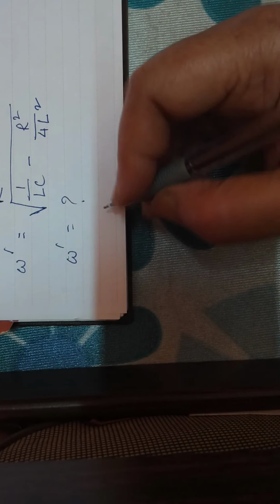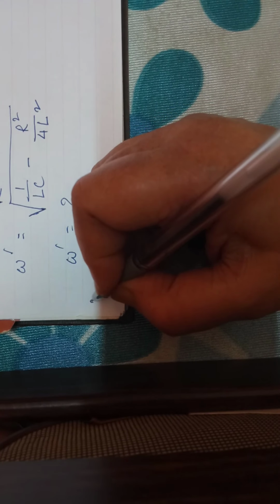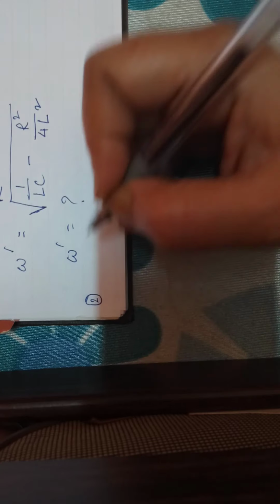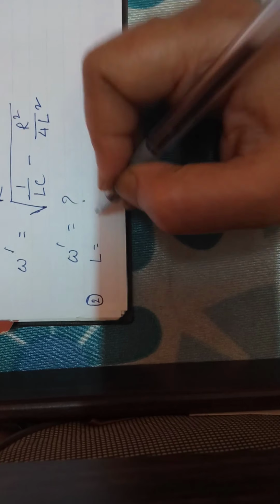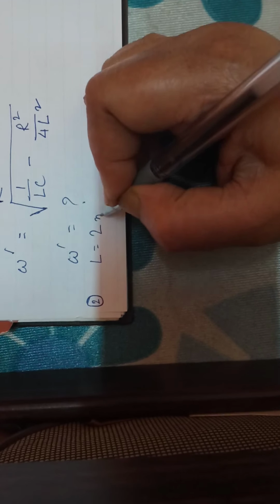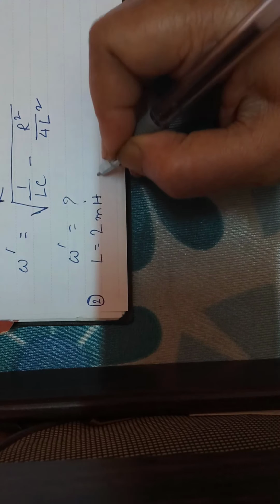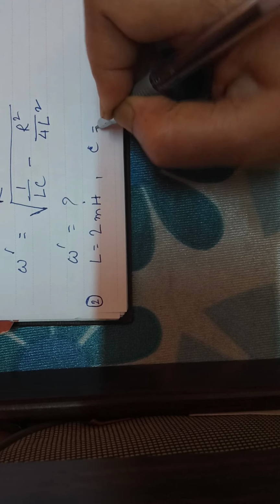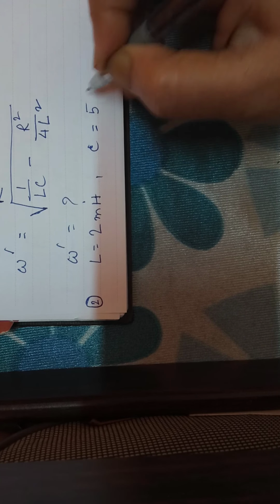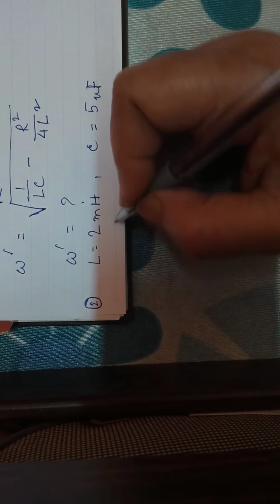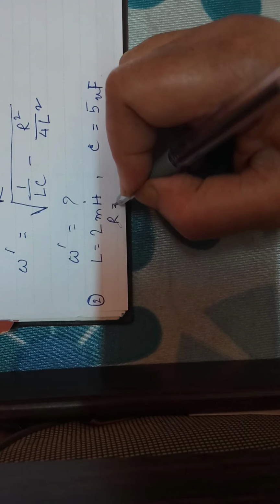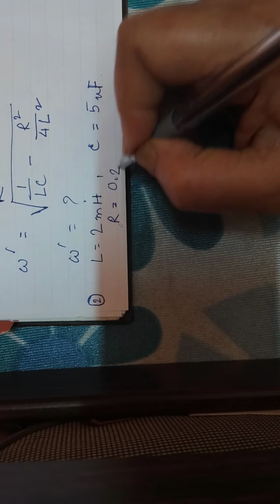So now this is problem number 2. Again an LCR circuit where you have L equal to 2 millihenry, C equal to 5 microfarad and R equal to 0.2 ohm.